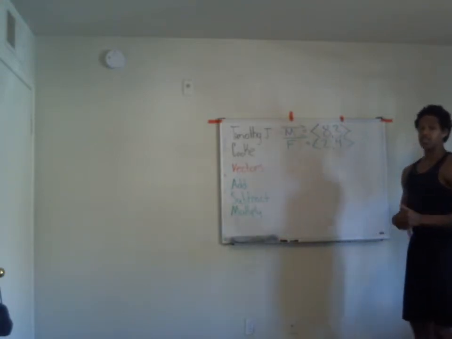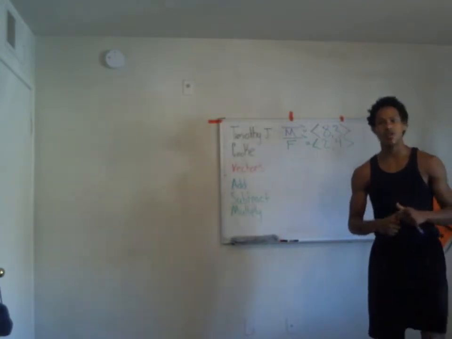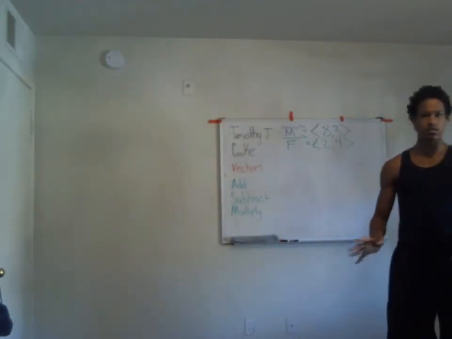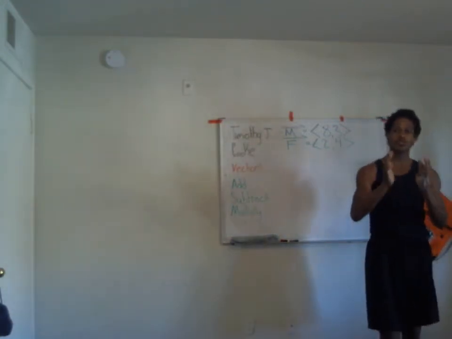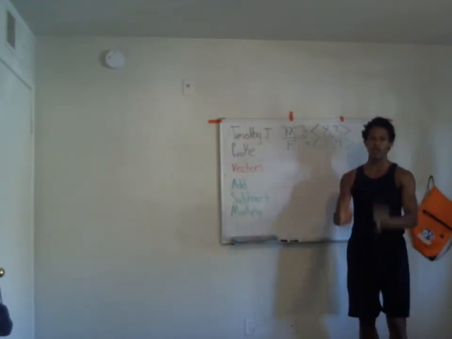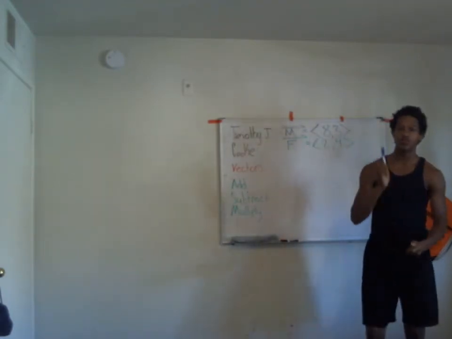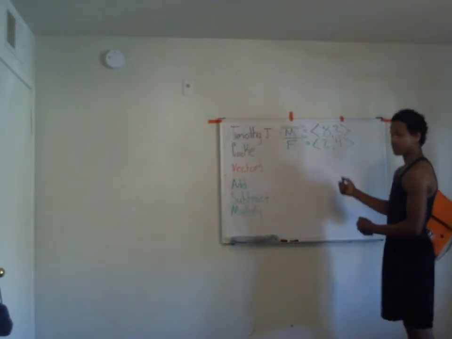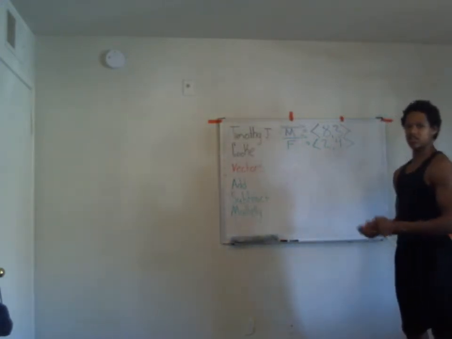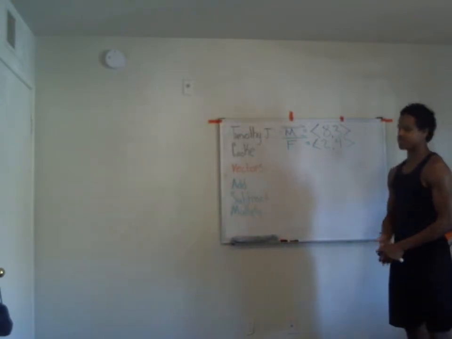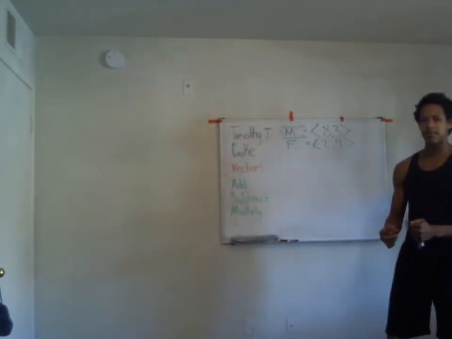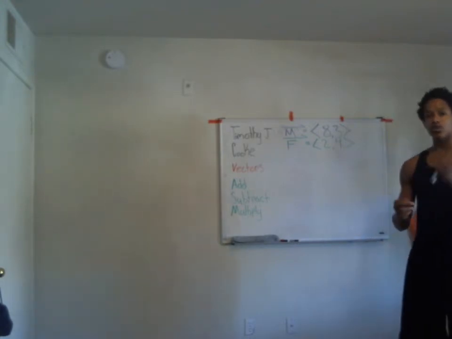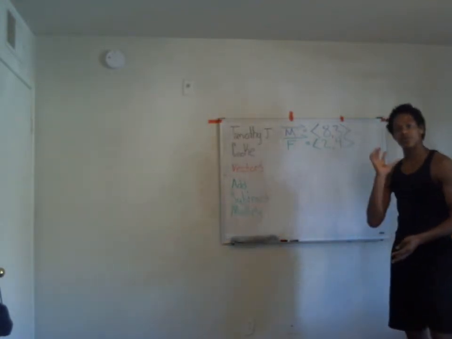The easiest way to add or subtract vectors, to me, and make it look simple so you understand what is going on, is to put them in parentheses, okay? If you notice, these kind of look like your x and y coordinates, right? They just have arrows instead, vectors. But this time, when we write them down, I want you to group your x's together, I want you to group your y's together.